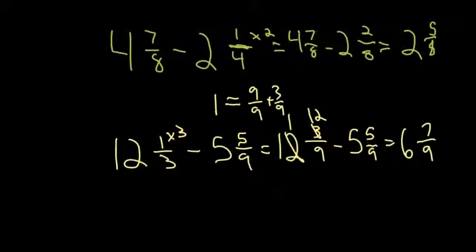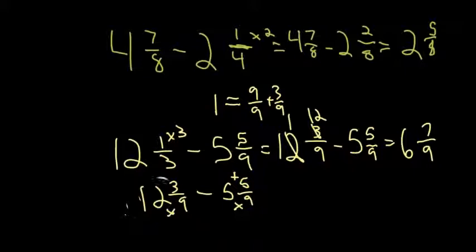If you're doing it with improper fractions, you have your 12 and 3/9 minus your 5 and 5/9. So we need to make these improper fractions. Multiply, add, multiply, add. So 9 times 12, 9 times 10 is 90, 9 times 2 is 18.